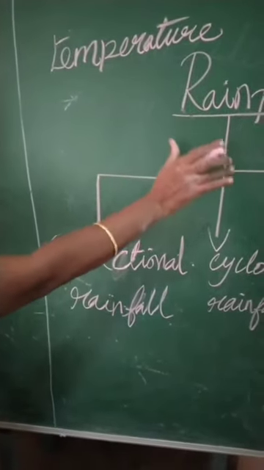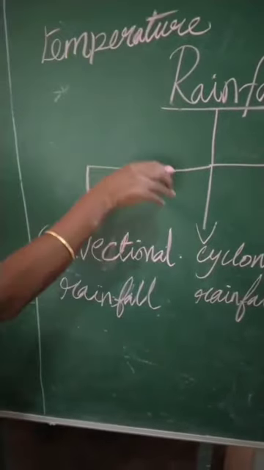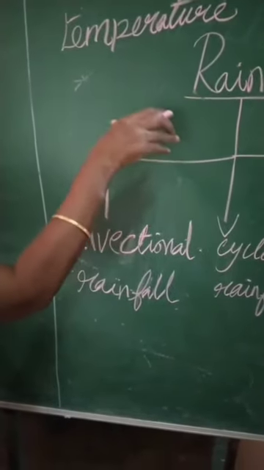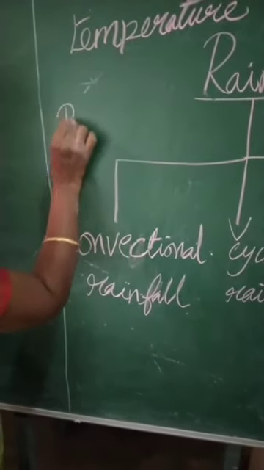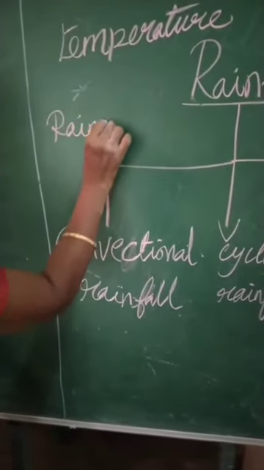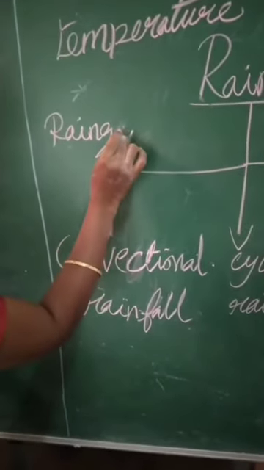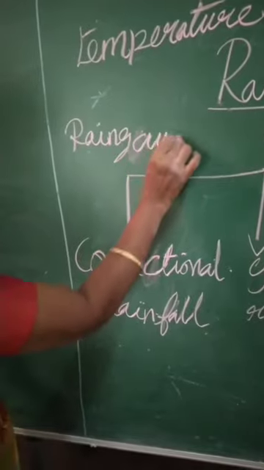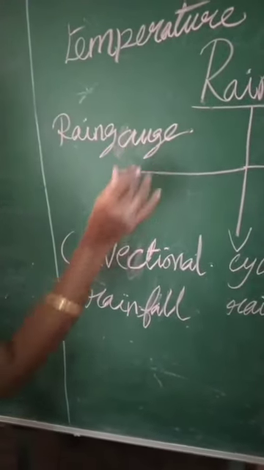Generally, rainfall is high in the equatorial region and decreases gradually towards the poles. Rainfall is measured by rain gauge.